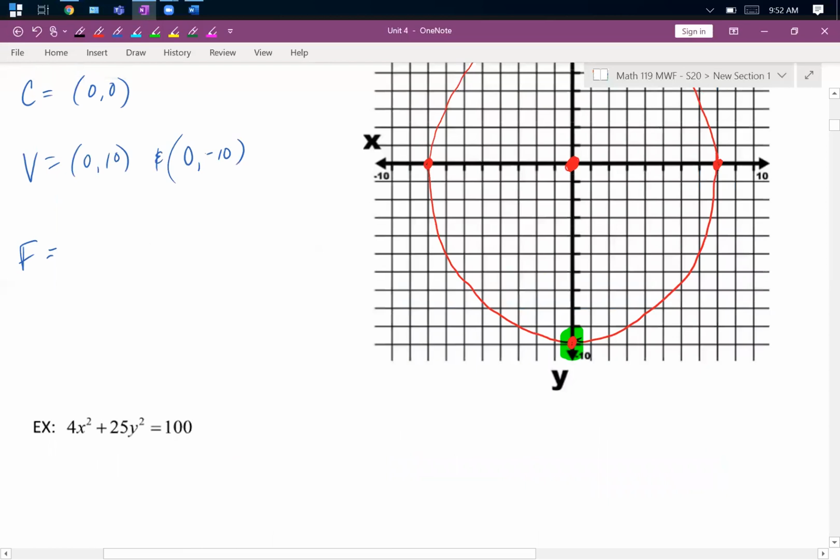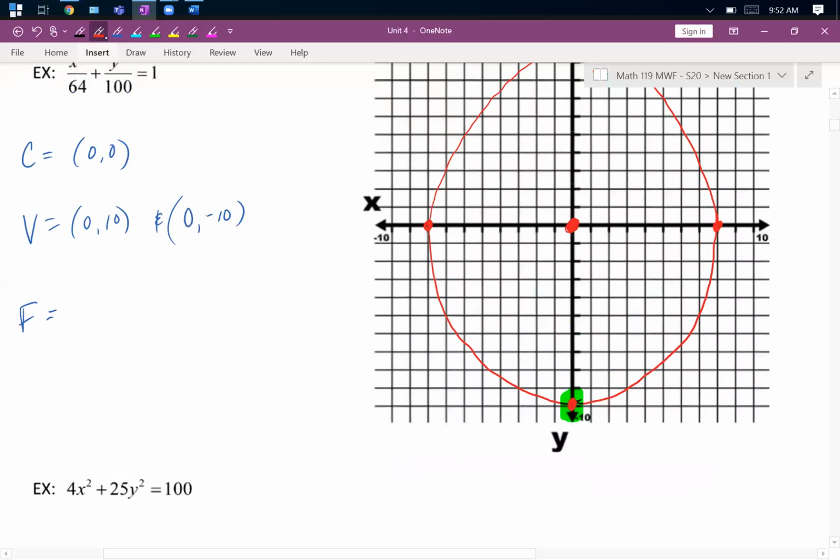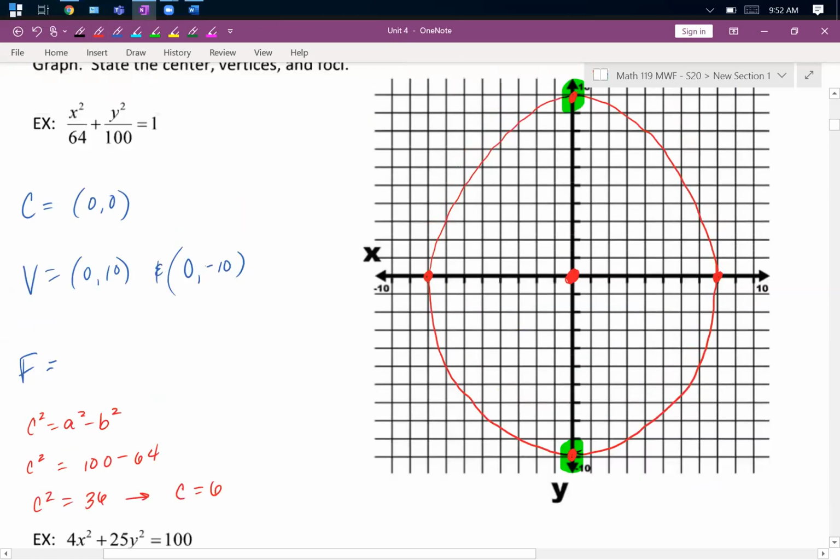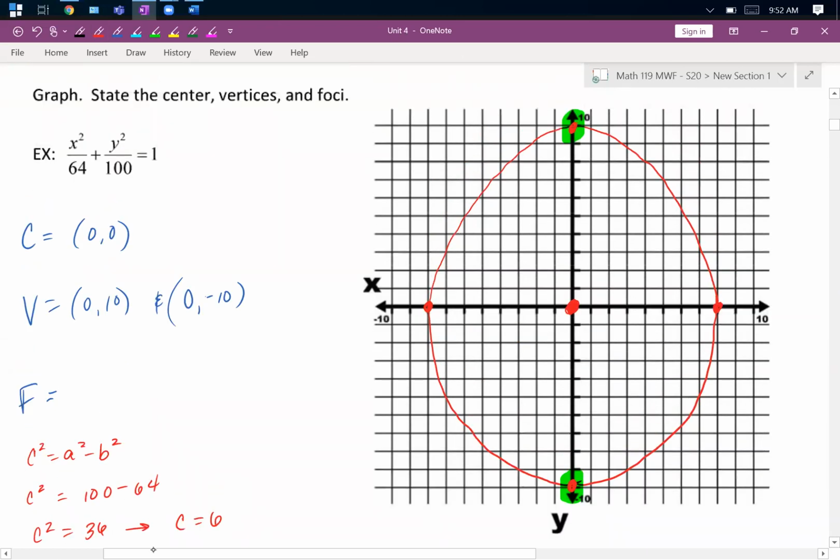So my foci, c squared is equal to a squared minus b squared. So basically, I'm just taking the big denominator minus the little denominator. We get c squared to be 36, so that means that c has to be 6. Our foci are on our major axis, c units away from the center.